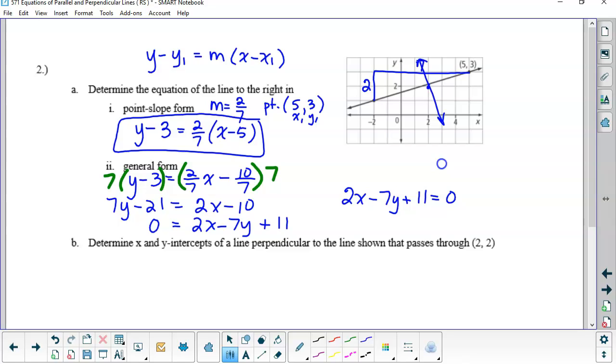Okay. So slope original was 2/7. Slope perpendicular, change the sign and flip it. So negative 7 over 2. Now, we know a point, so this is x1, y1.